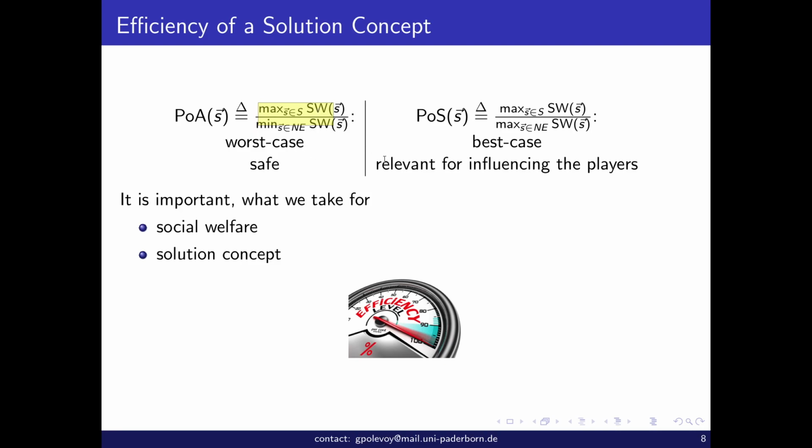Now, the price of stability, on the other hand, does not give us any safety. It is not a safeguard, because even if the best Nash equilibrium has social welfare which is, let's say, even optimum, as good as the maximum social welfare altogether, it can be that there are other Nash equilibria, which we actually are going to play, which are much worse.